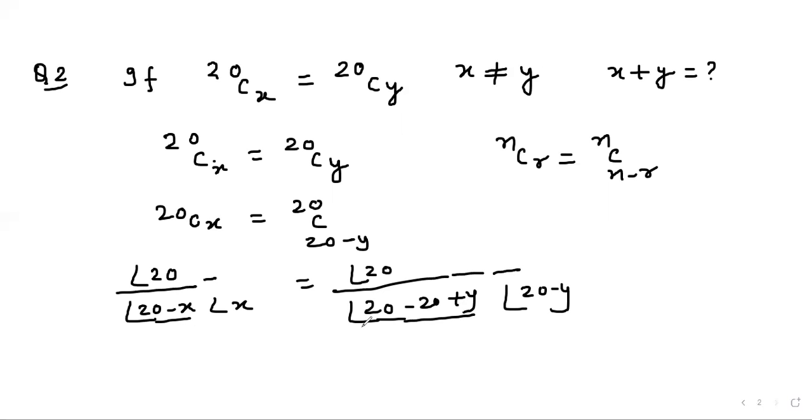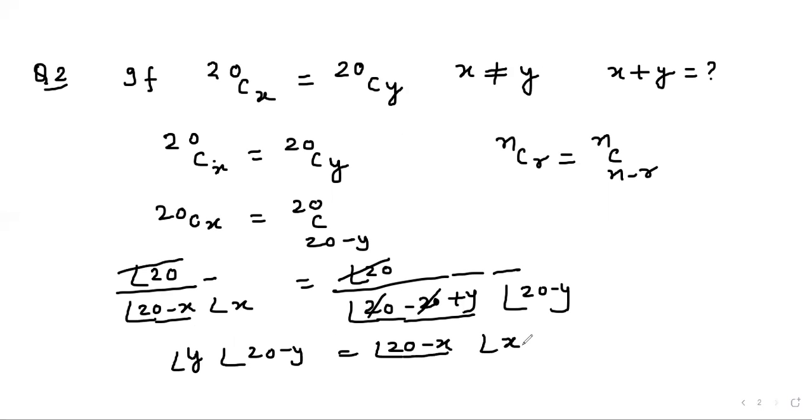So from here 20 will cancel out, and factorial 20 will also cancel out. So we will get factorial y times factorial 20 minus y equal to factorial 20 minus x times factorial x. So here these two terms will be equal and these two terms will be equal.